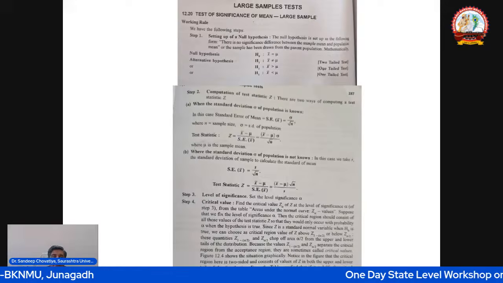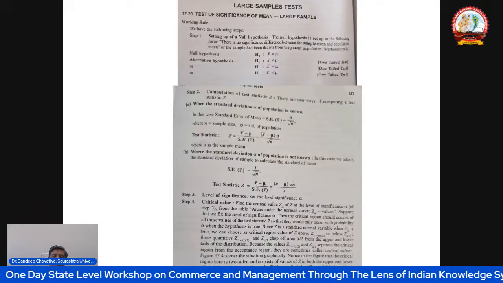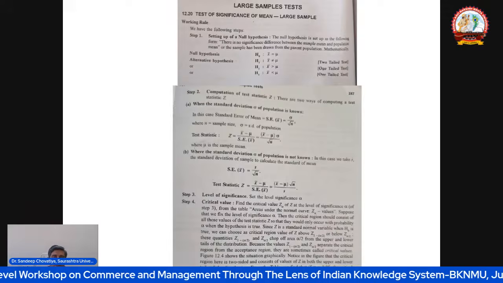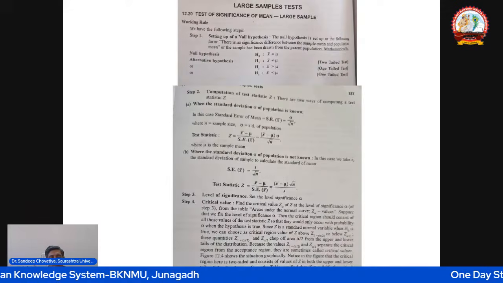We follow this working rule step by step, and based on that we are able to calculate our result. In the working rule, step number one is to set up the null hypothesis, which is the basic rule when solving any example theoretically.